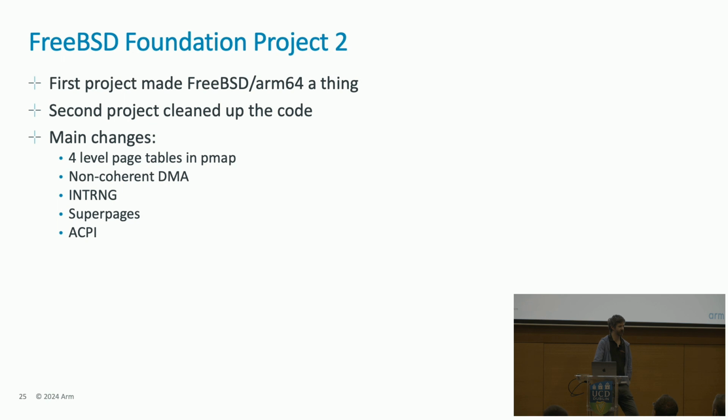We did some superpages. If you've got a 4K base page, and you allocate your physical address space in the right way, you can put those together into a 2 meg superpage, and it reduces TLB usage, and ACPI.